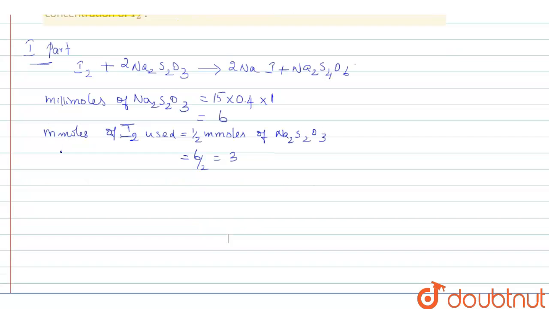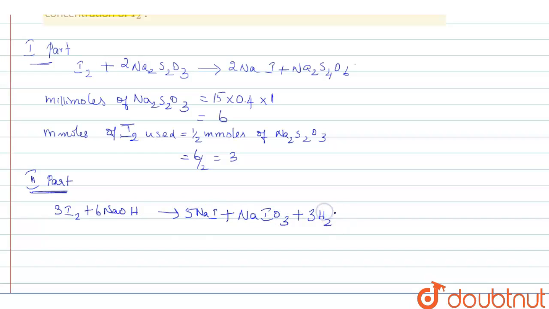As far as the second part is concerned, let me write the second part. It reacts with NaOH. Let me write the reaction: 3I2 plus 6 NaOH gives 5 NaI plus NaIO3 plus 3H2O. Here also I am going to calculate the millimoles of H2SO4.